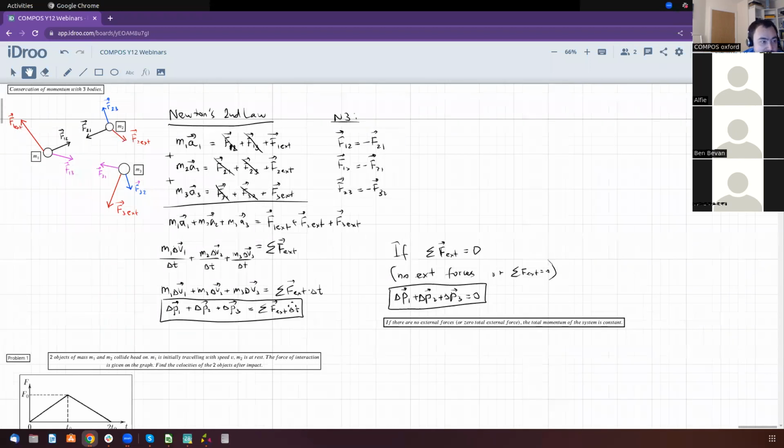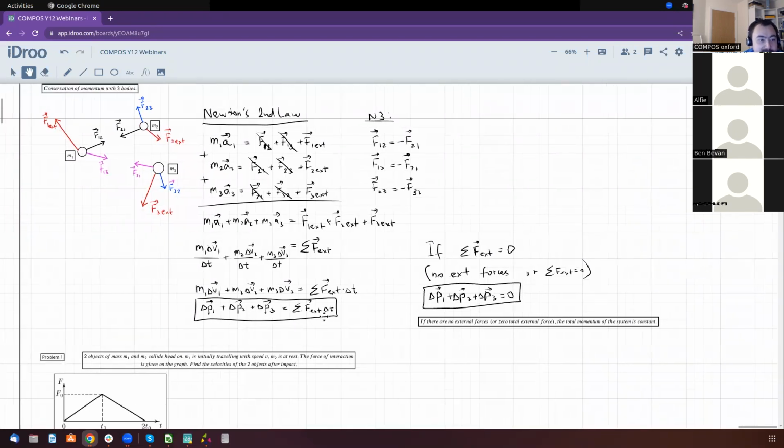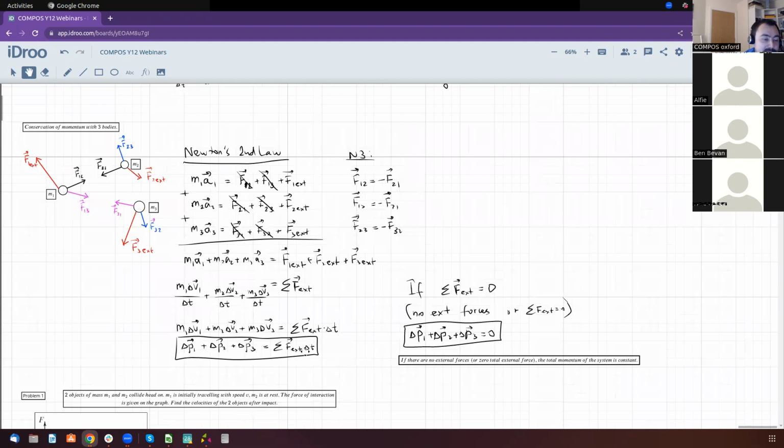Yeah, so we've just mathematically proved conservation of momentum, and you can also say the momentum of the system cannot be changed by internal forces.